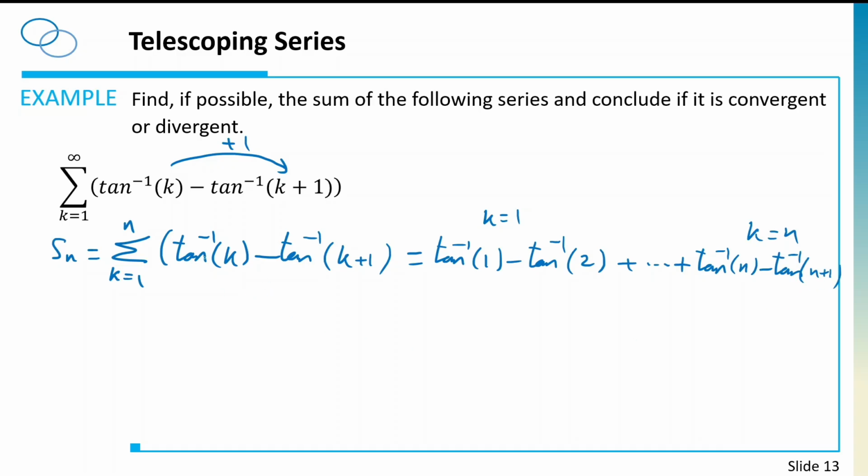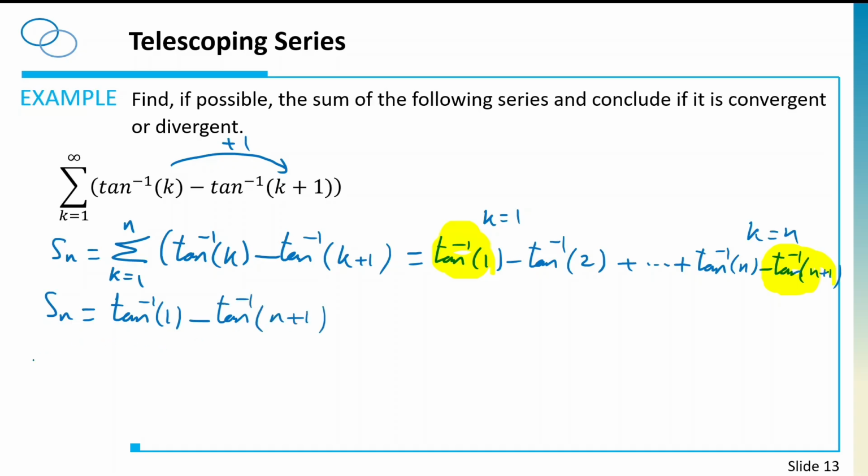Now according to our rule, if the difference is 1, I know that I'll keep what? The first positive term, this one, and the last negative term, these two only. Perfect. So now Sn equals the first one, tan inverse 1 minus tan inverse n plus 1.